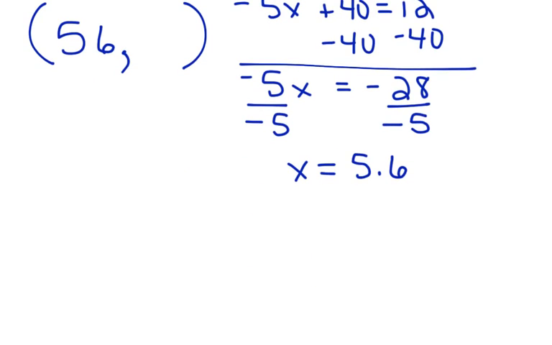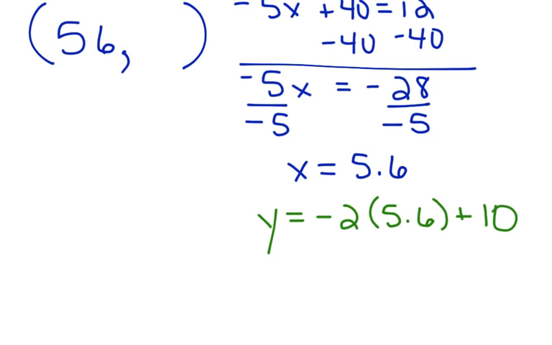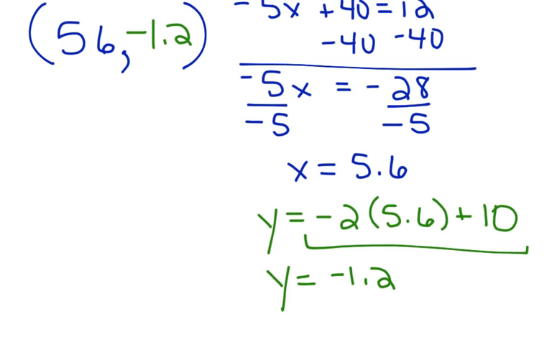But I'm particularly fond of plugging into the simplest formula, the one that's going to get me to the right answer the fastest. And it turns out that this will get me there the fastest, because now all I have to do is shove this in my calculator and I find out that y is negative 1.2. So the solution to the system of equations using a method called substitution is 5.6 comma negative 1.2.